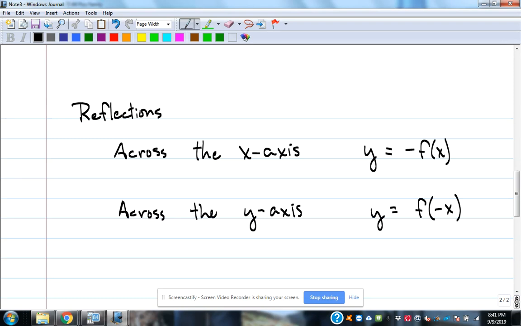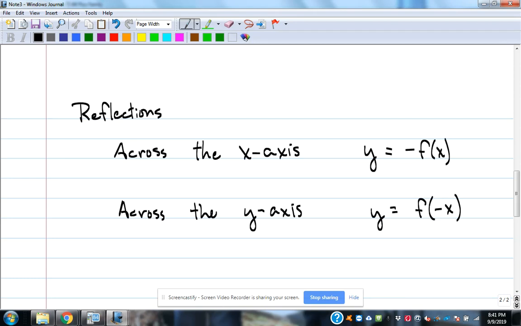Across the y-axis, the y-axis is straight up and down. If I start on this side and I reflect across over here, the y values didn't change, but the x values changed signs. So that's on the inside. That's a horizontal movement. Y-axis is a horizontal movement. X-axis is a vertical movement. So outside for the x-axis, inside for the y-axis. There's not much to that other than that.